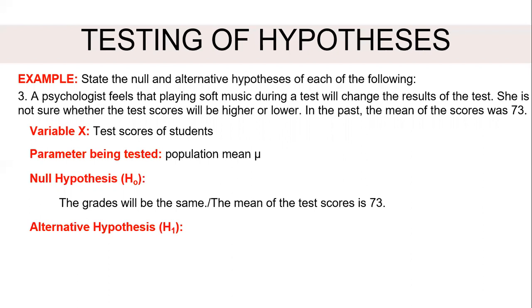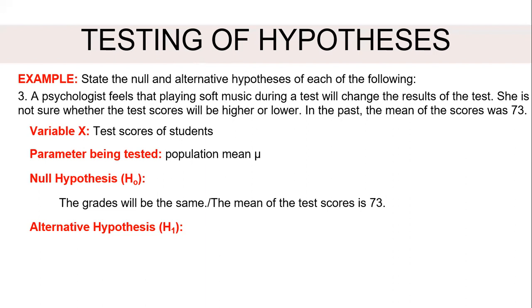For your alternative hypothesis, or your H1, what should we write? Should we write greater than or less than? Take a look here. In the second sentence, the psychologist is saying that she is not sure whether the test scores will be higher or lower. It could have a tendency to be greater than or less than, right?